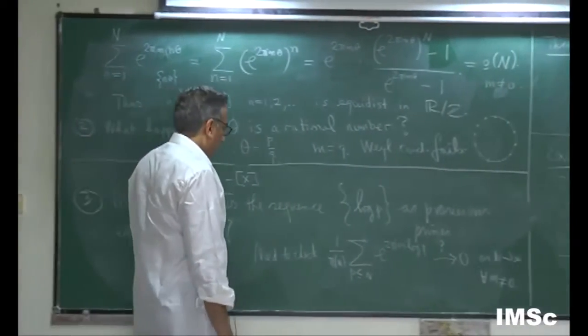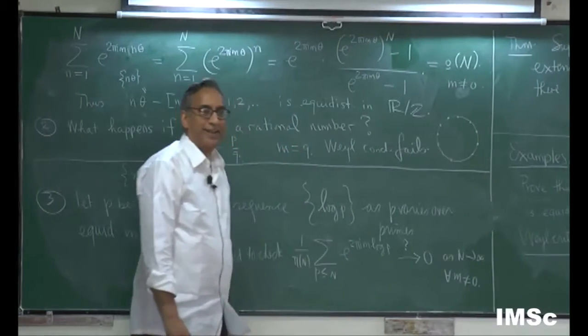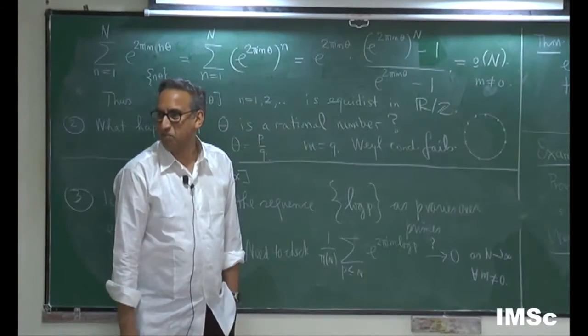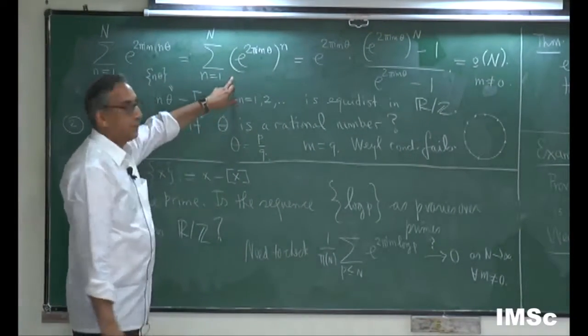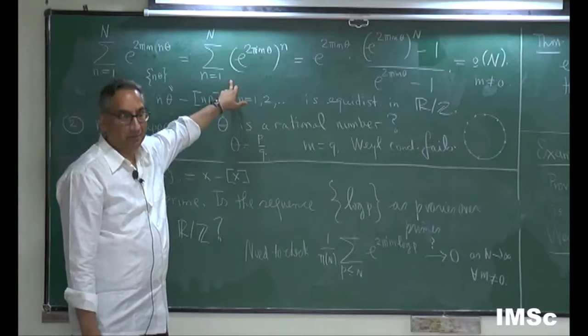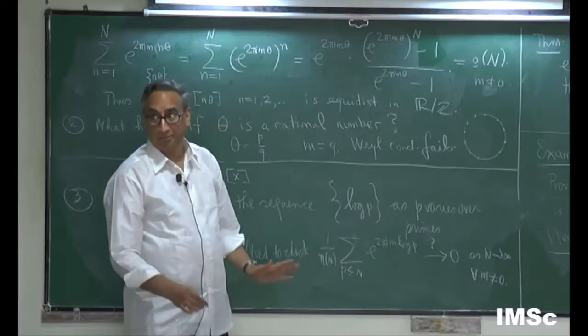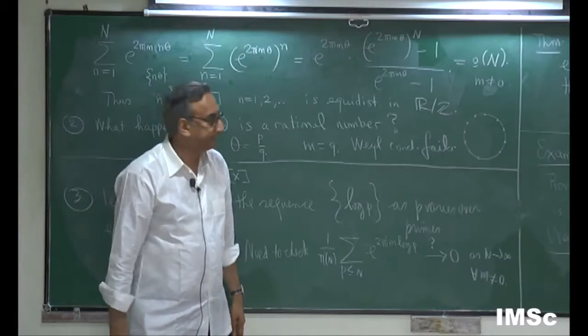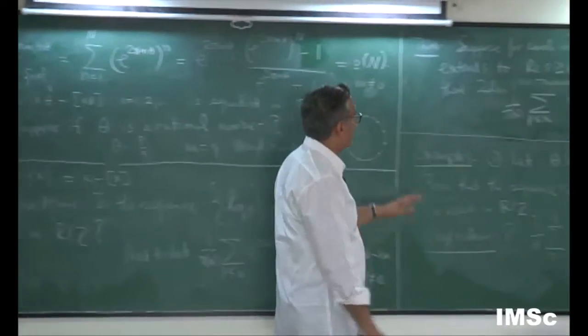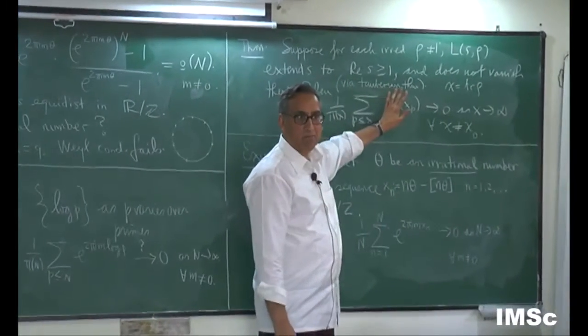Now we run into a problem because I don't know how to do that. Here it was nice because we had a geometric series. Here now you've got primes all over the place. Doesn't look very good. So this is where Sarnak's formalism comes in handy.